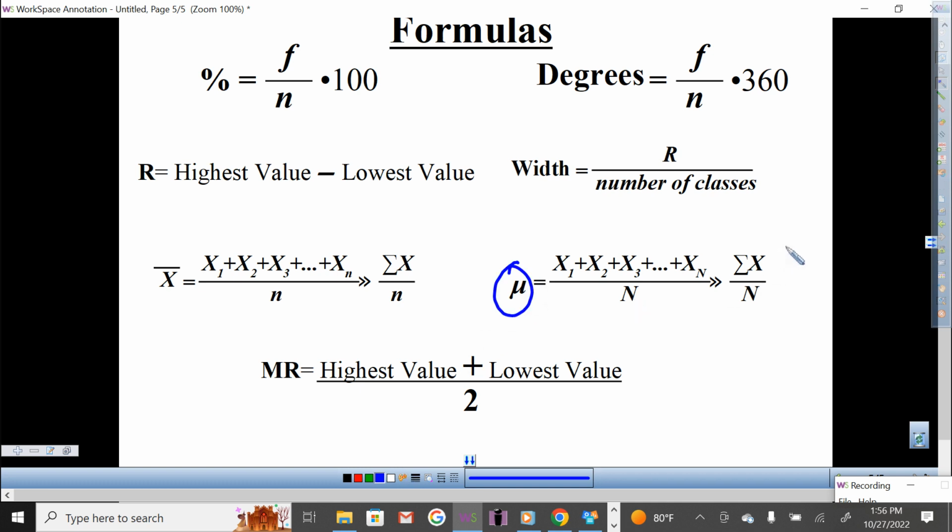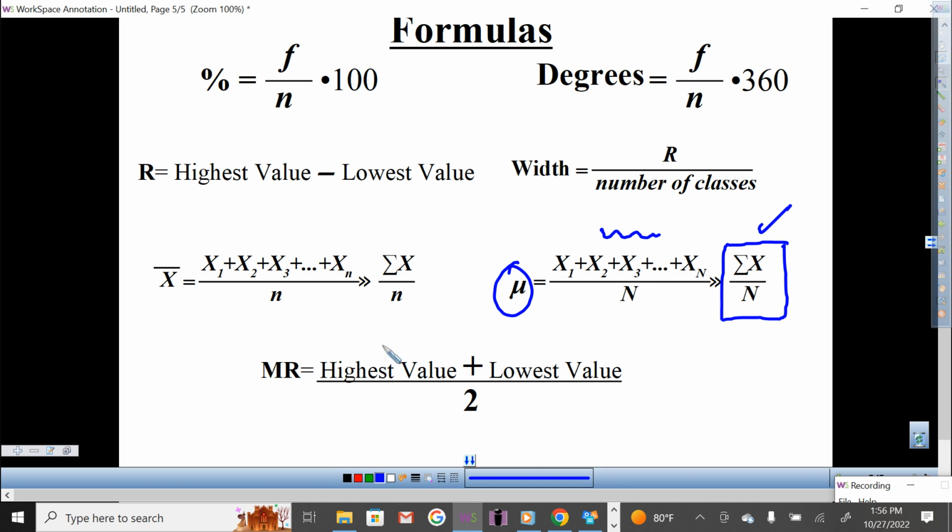And then the formula is the sum of all x's divided by the total number of items. This is explaining it, but this is the formula. Once again, population, and this is for the sample.